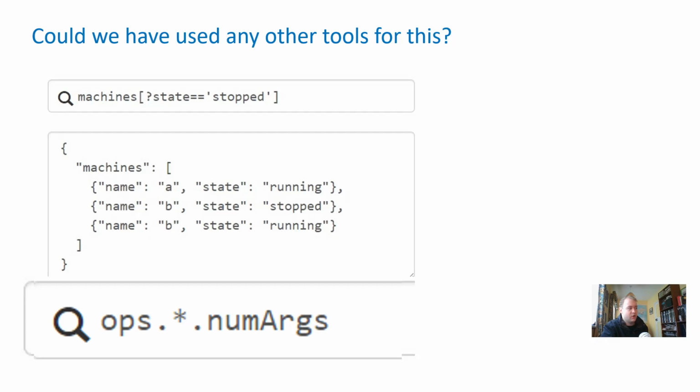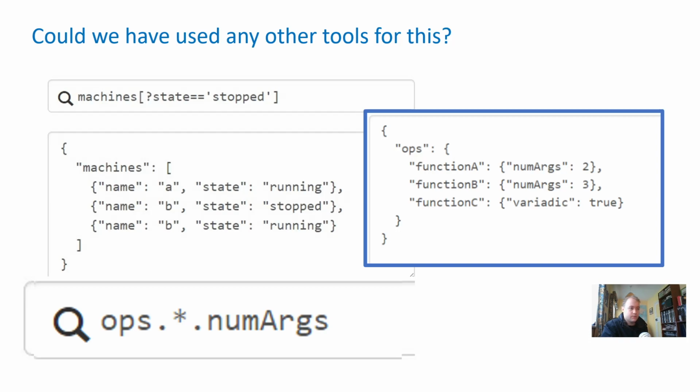But for the sake of argument, let's suppose that the square brackets that we see in this data were curly brackets. Could we use machines.star dot stopped? No, num-args was a key, so you can't just put star dot and then name a value.